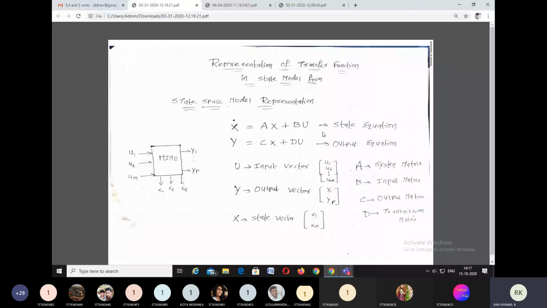So the state equation gives, see here, x dot, which indicates the derivative of x, is equal to a linear combination of ax plus bu. What is u here? Input, right? X is the states, right? Suppose the position of the car is, let us consider, 2 meters distance. If you take the derivative of the position, what will you get?